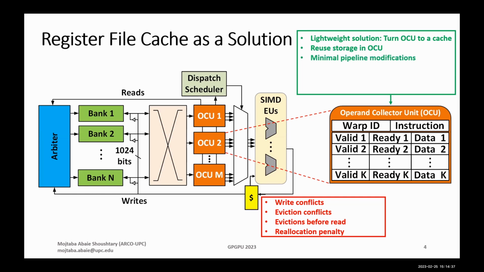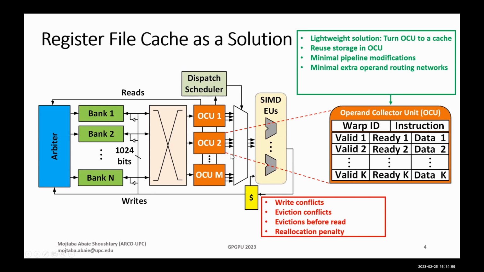We have minimal pipeline modifications because this component is already integrated in the pipeline, and we have minimal extra operand routing networks. For the same reason, this component is not apart from the original pipeline.